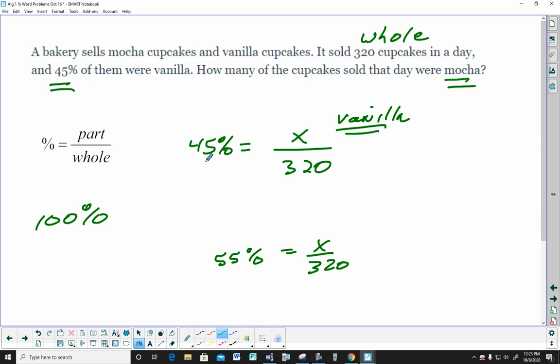So 45% is vanilla. Cut 45 off 100 and you get 55% is mocha. So to solve this, you cross multiply. X equals 55% times 320. But remember, I can't use 55%. I got to use 0.55. Okay? Type it in your calculator, get yourself an answer.